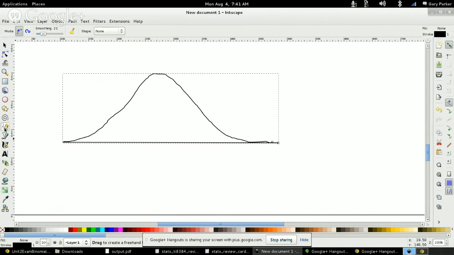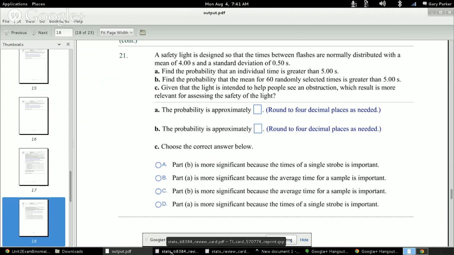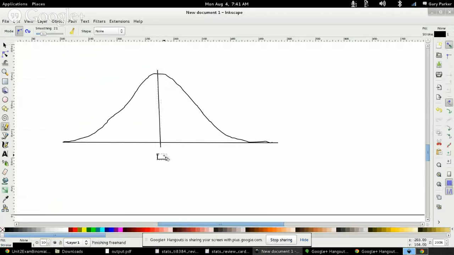And I'll draw a line for our mean in the middle. Mean is 4 seconds, standard deviation is half a second. So there's my mean. Then 1 standard deviation to the right, let's say that's about here, 2 standard deviations, 3 standard deviations. Same on the other side.